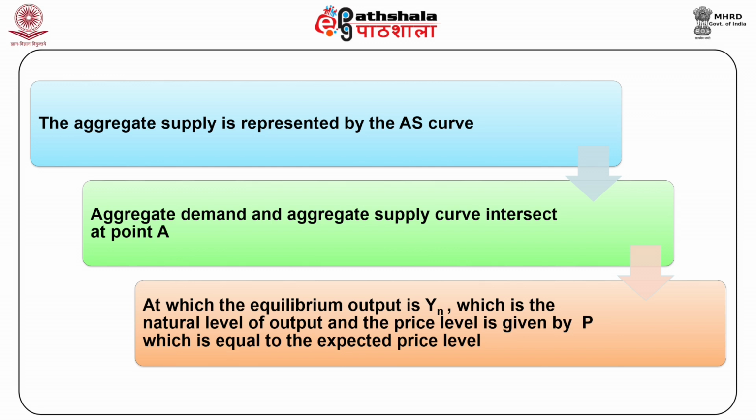The AD curve and AS curve intersect at point A, at which the equilibrium output is Yn, which is the natural level of output, and the price level is given by P, which is equal to the expected price level.